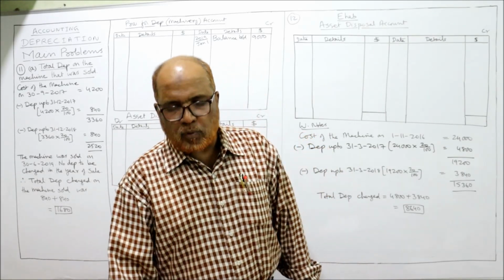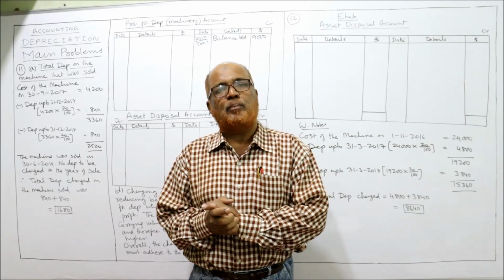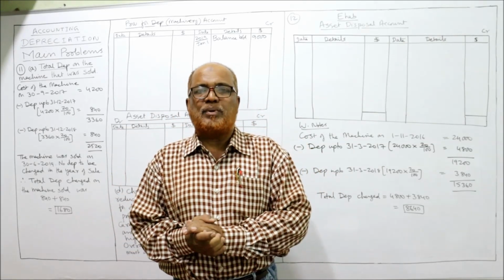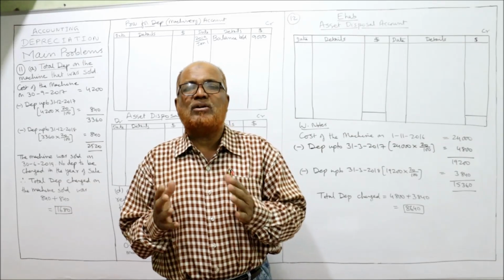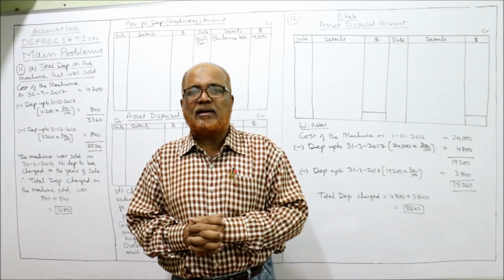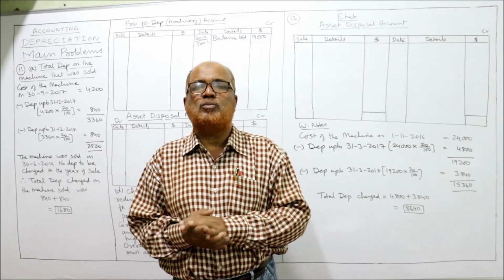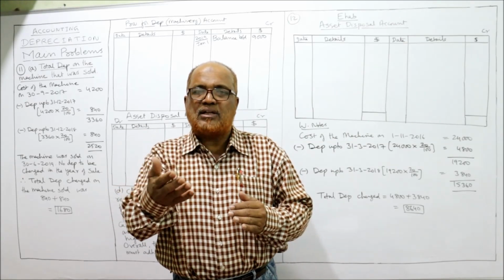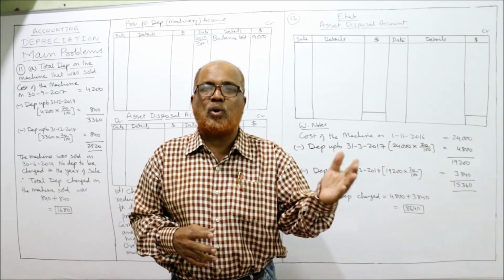So already I have uploaded the theory video on depreciation, in which I have explained you about the meaning of the term depreciation, why depreciation will be provided, what are the reasons, what are the methods of providing depreciation, what are the journal entries to be passed at the time of purchase, at the time of charging the depreciation, at the time of disposal.